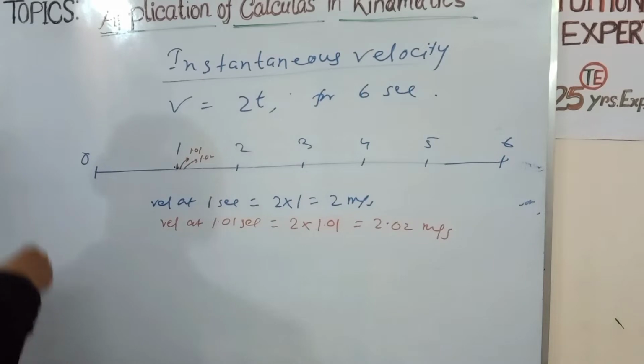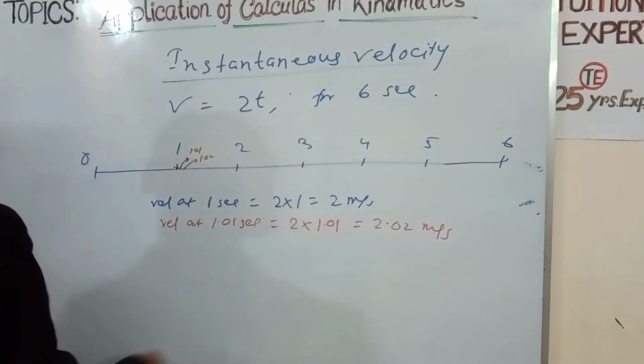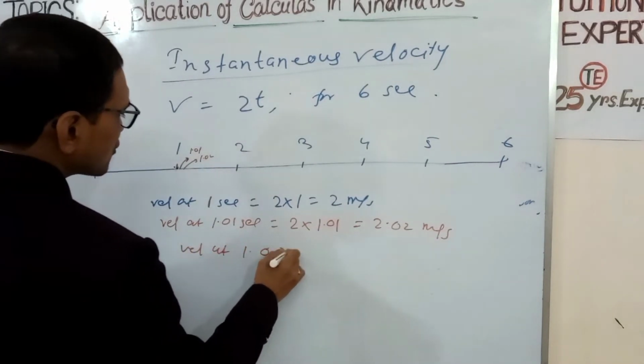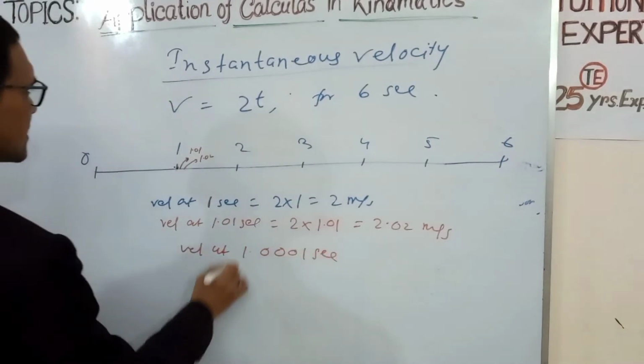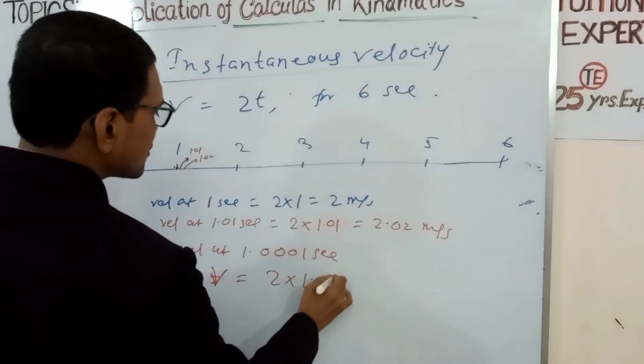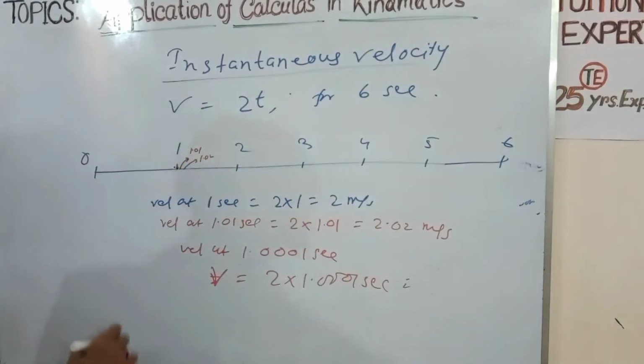So at every moment velocity will be different. If we consider velocity at 1.0001 second, then velocity is 2 into 1.0001, that is different from 2 meter per second. So velocity at every moment is different.